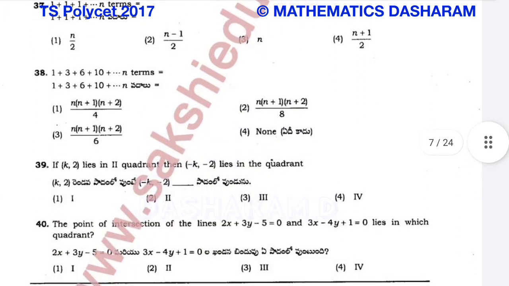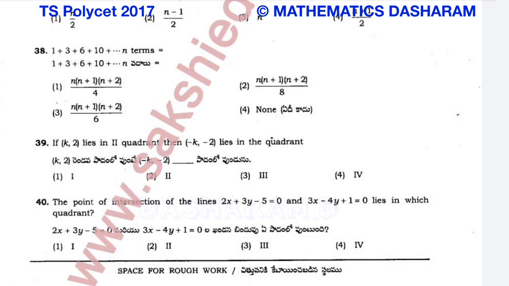Next, question number 38: 1 plus 3 plus 6 plus 10 plus dash up to n terms. So here let's go with the options. See here, what is the first term? 1 is the first term. Next, the first two terms' addition is how much? 1 plus 3 is 4. The first two terms' addition is 4. And we have to substitute n equals 2.